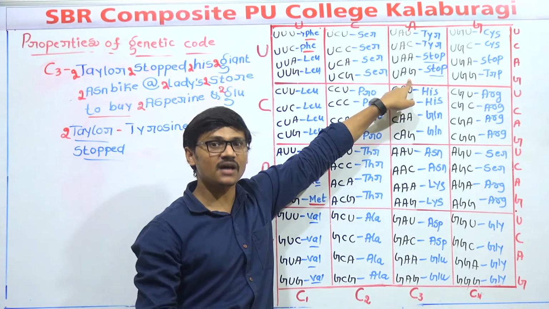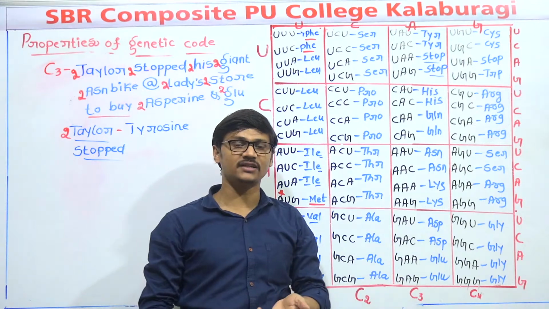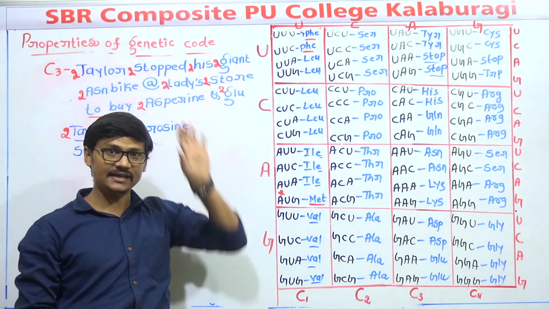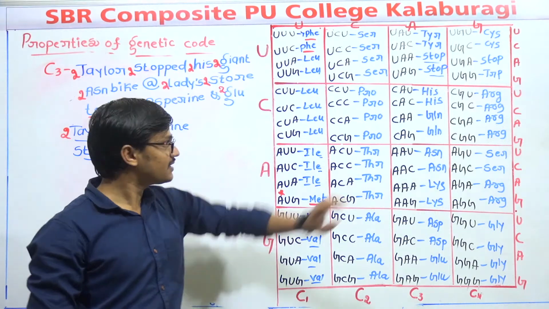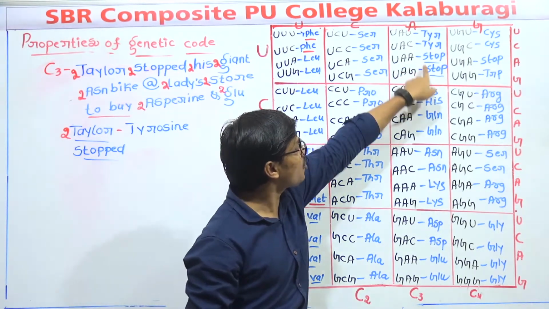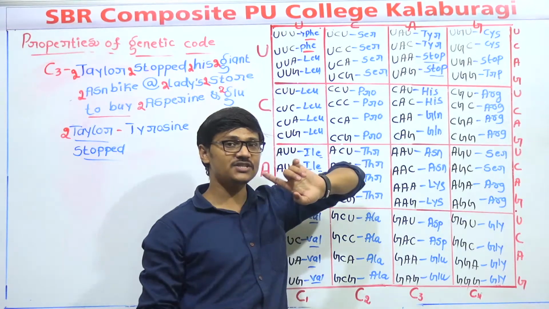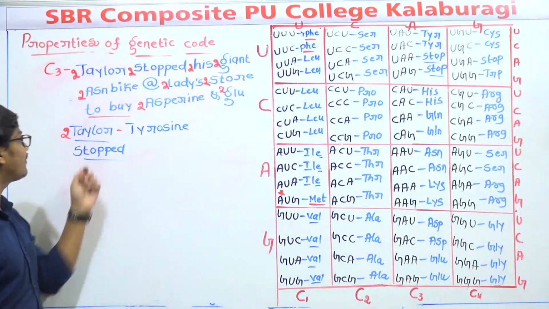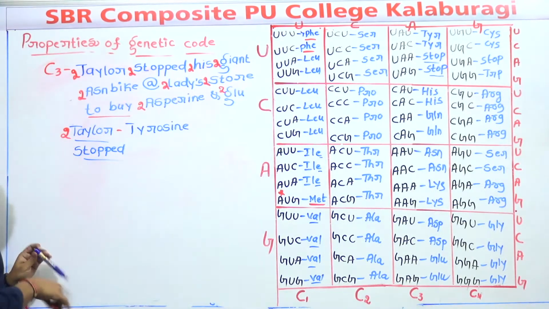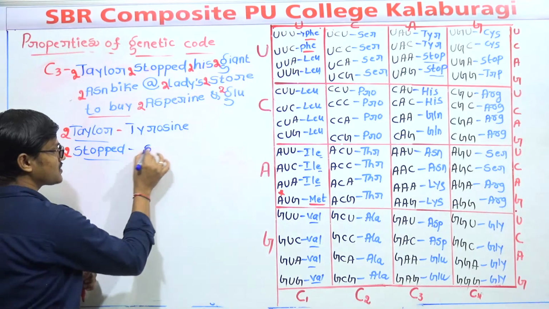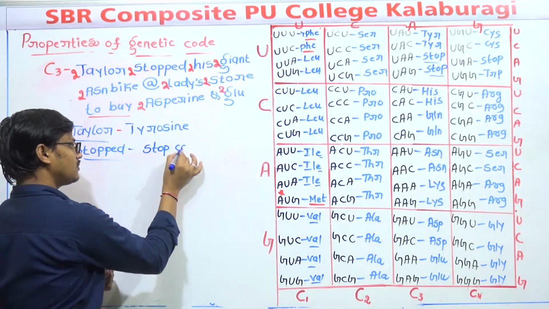You will come to know later when we discuss the properties of the genetic code. Till then, just remember that these 2, UAA and UAG, are called the stop codons. How many stop codons are there? There are 2 stop codons. That's why here I have written 2. So as it is, stop means stop codon.